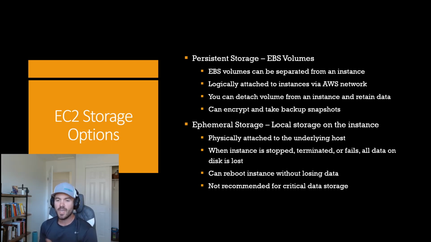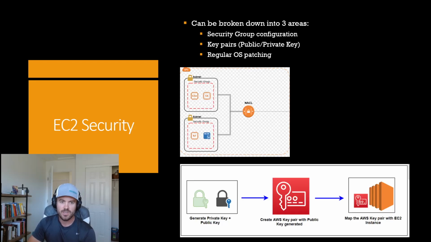Okay? You can reboot your instance without losing data, but if you're storing critical data as ephemeral storage, then you're kind of playing with fire. So keep that in mind when you are considering which type of storage you want to use with EC2, okay?